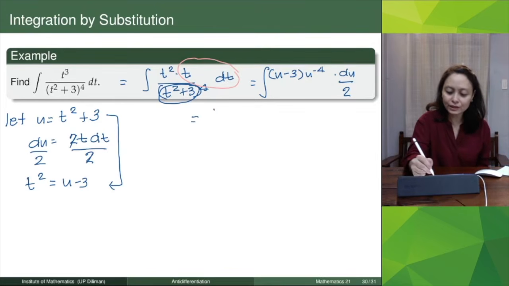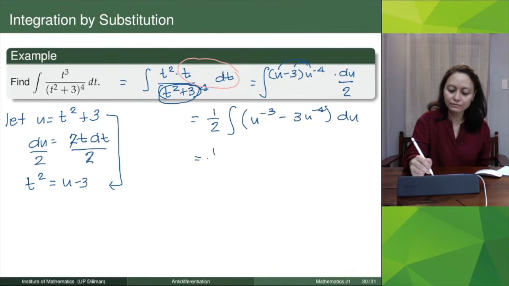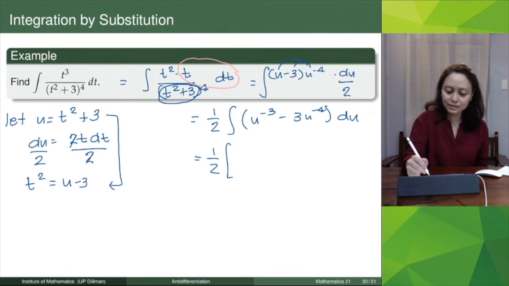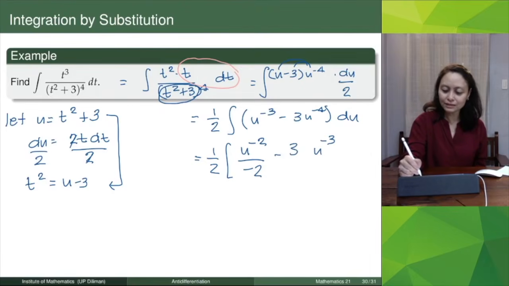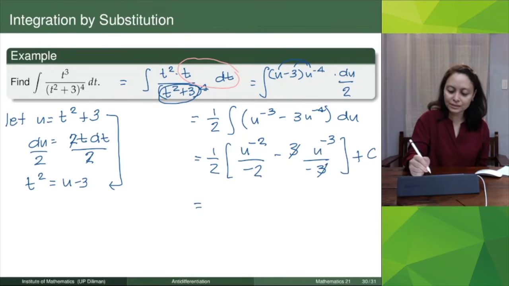Sige, so let's solve this. Yung 1/2, pwede niyong ilabas. And then, we distribute u to the negative 4. You get u to the negative 3 minus 3u to the negative 4 du. Okay, so we have 1/2 times the quantity. Antiderivative of u to the negative 3 is u to the negative 2 over negative 2 minus 3 u, negative 4 plus 1 is negative 3 over negative 3 plus c. Okay, magka-cancel naman to. Okay, and then we can distribute.